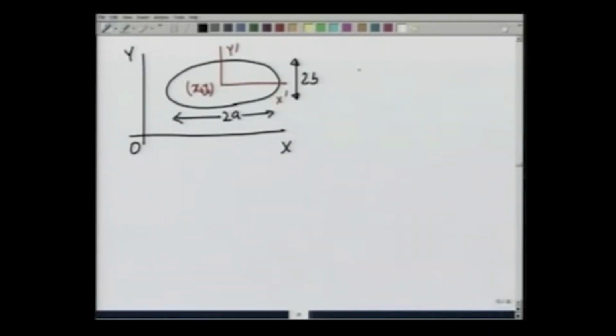So by transfer theorems, I have I x x equals I x prime plus y naught square times the area of the ellipse.